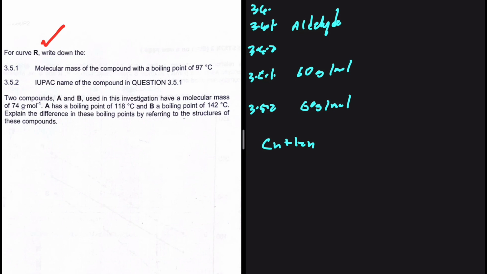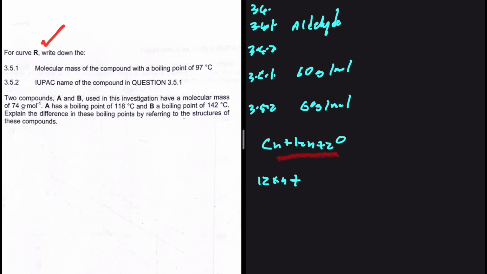CnH2n+2O. Okay, this is the general formula of an alcohol. We know that the molecular mass of carbon is 12. So we can say 12 multiplied by n plus that of hydrogen.